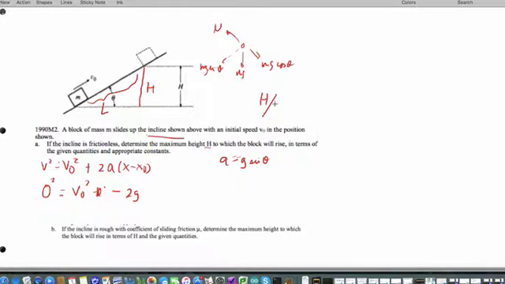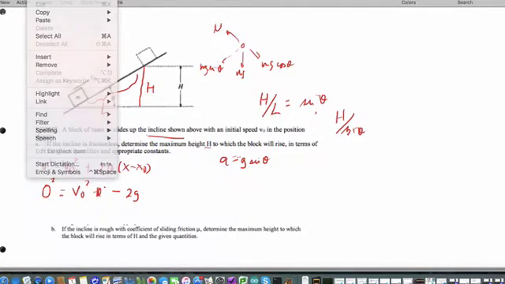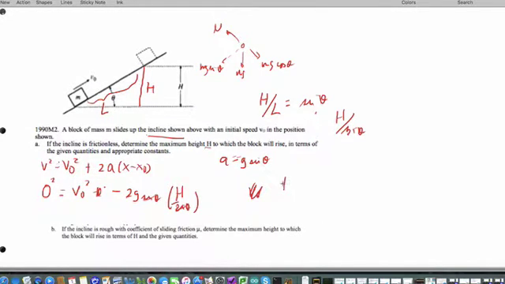So we know h over L equals sine theta, so the L that we cover is h over sine theta. So this is going to be 2g sine theta times h over sine theta. These end up canceling, and so we end up getting that h is v naught squared over 2g.